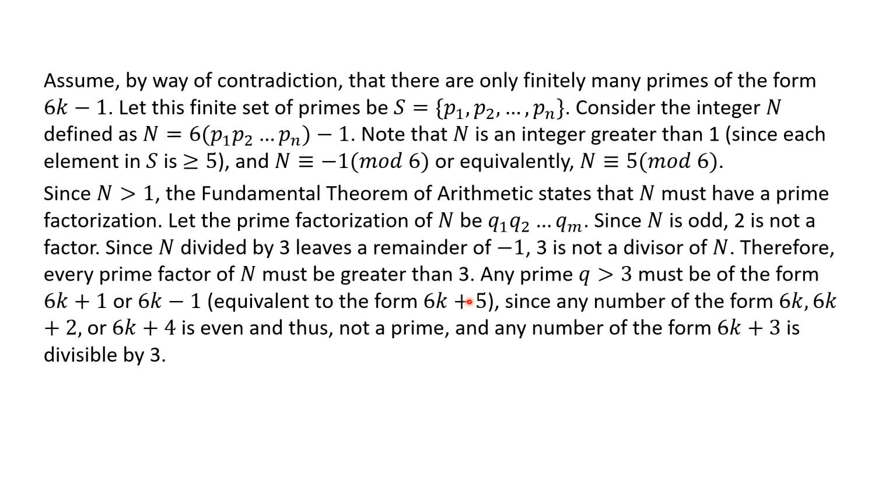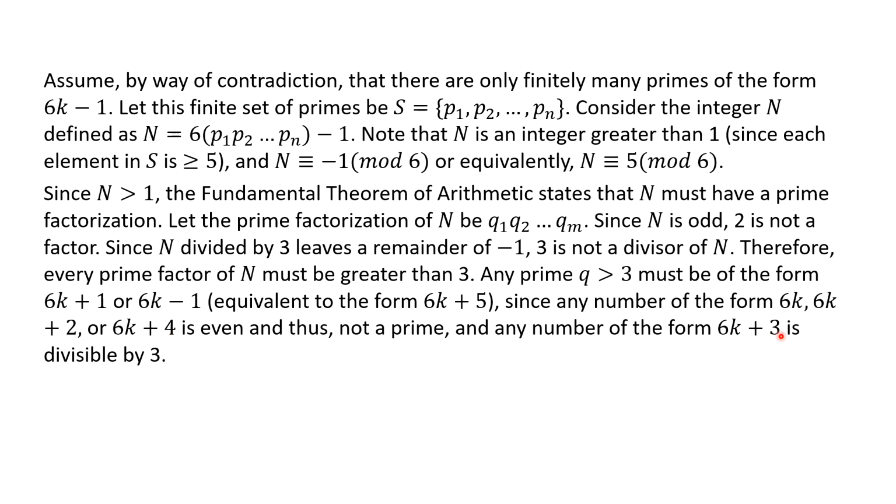And a number of those we can exclude in terms of not being prime, right? Anything of the form 6k cannot be prime. It's divisible by 2 and 3 and 6. 6k plus 2 is divisible by 2, so that can't be prime. 6k plus 4, again, that's divisible by 2, so that can't be prime.